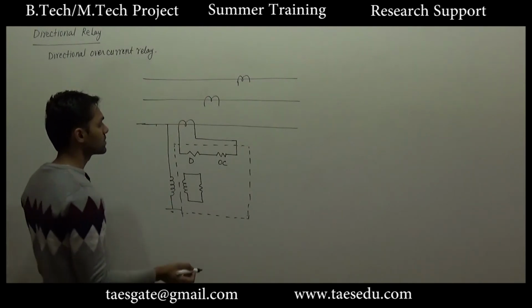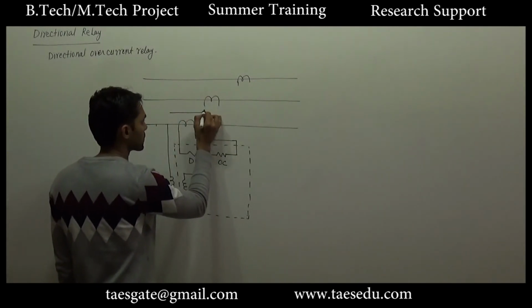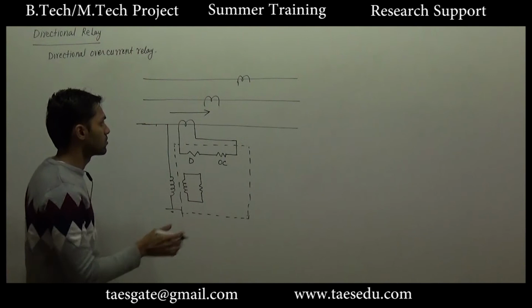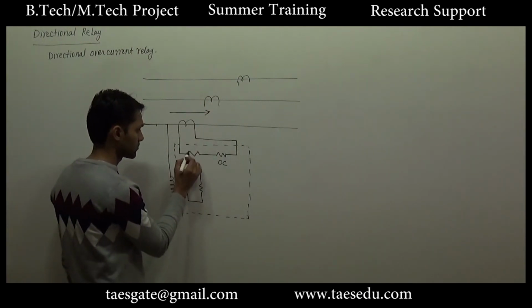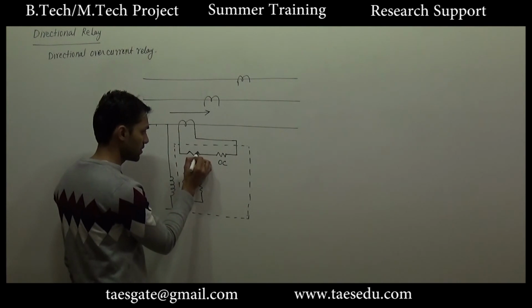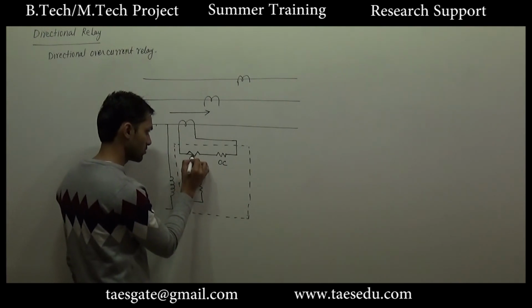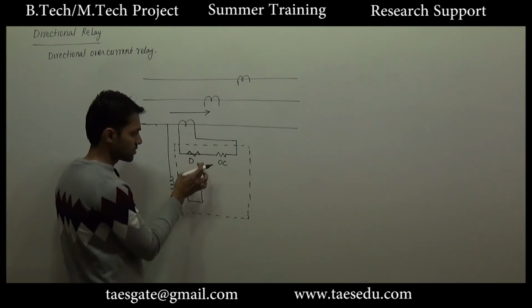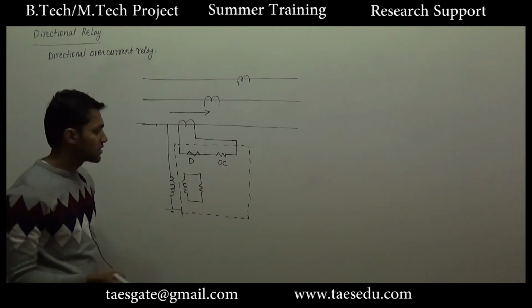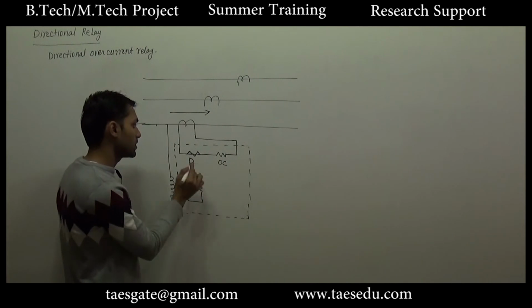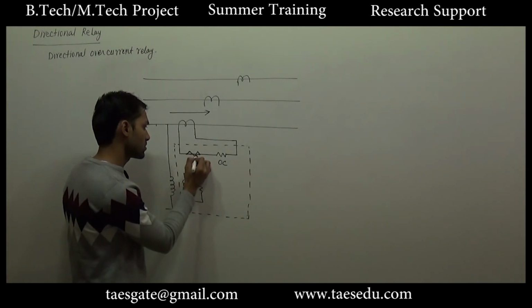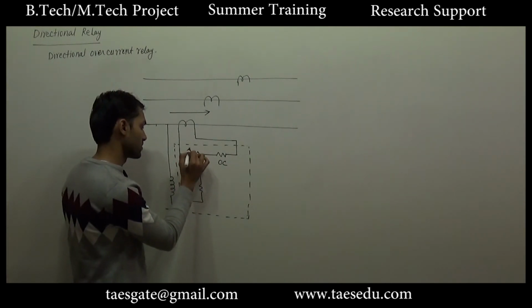Let's say this relay is made to operate for this direction of current. So for this direction of current, the directional relay will trip or this will close the circuit. Since the overcurrent relay is connected in series with the directional relay, the overcurrent relay can operate only if this circuit is closed or the directional relay trips.